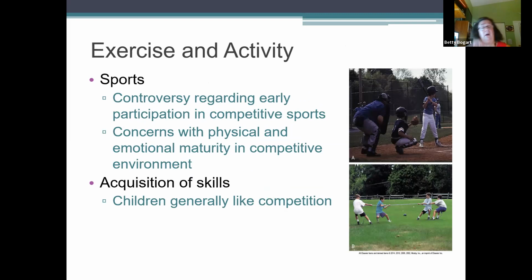Sports is good. It's great to be competitive. Again, problems. Some children are physically ready and emotionally ready for it, and some aren't. Sports, again, is a competitive thing where you have a lot of children working together with the same goal in mind, to run around the base and collect the runs.